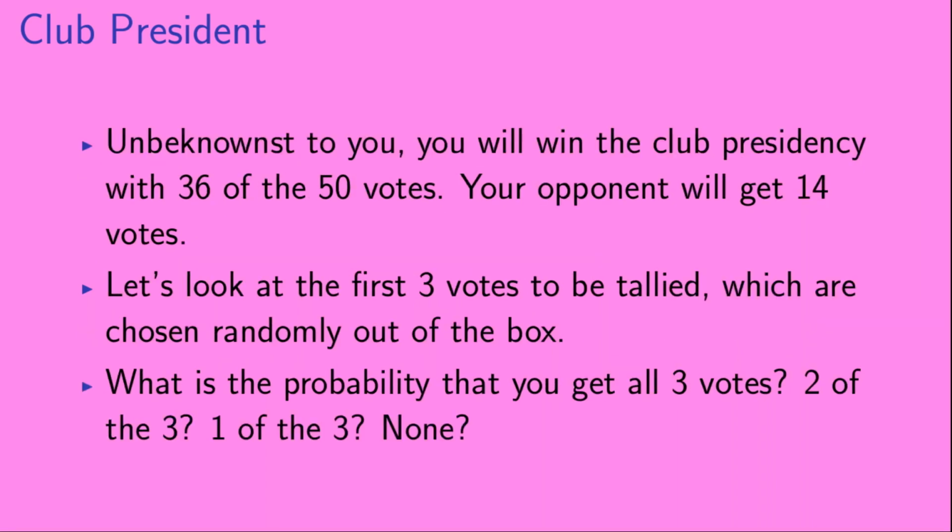Unbeknownst to you, you will win the club presidency with 36 of the 50 votes. Your opponent will get 14 votes. Let's look at the first 3 votes to be tallied, which are chosen randomly out of the box. What is the probability that you get all 3 votes, 2 of the 3 votes, 1 of the 3 votes, or even none?